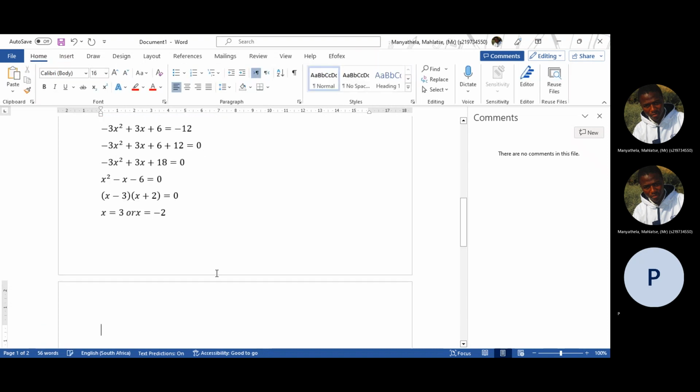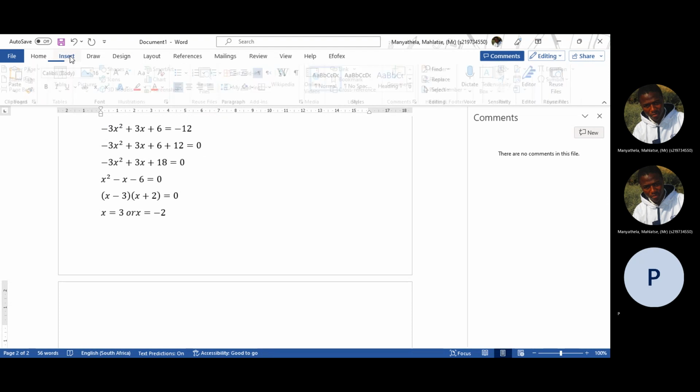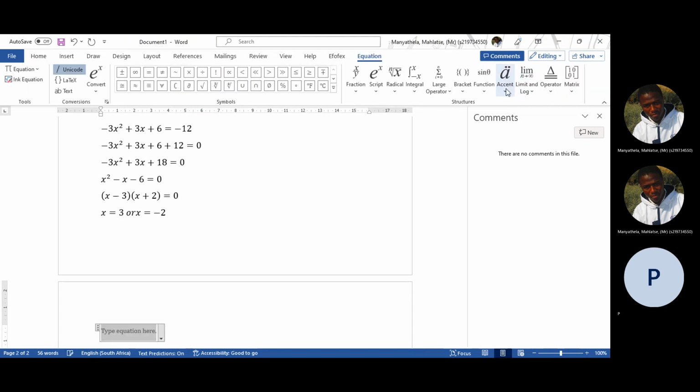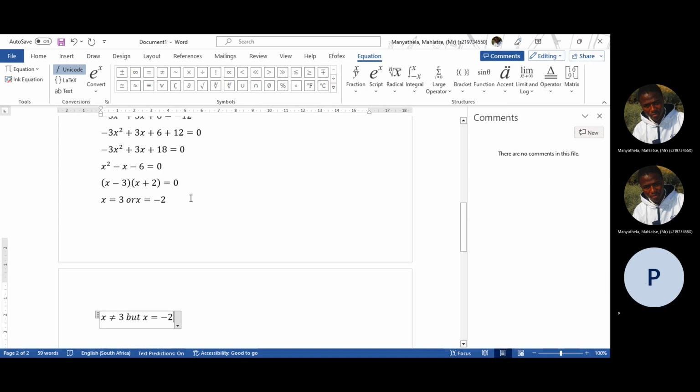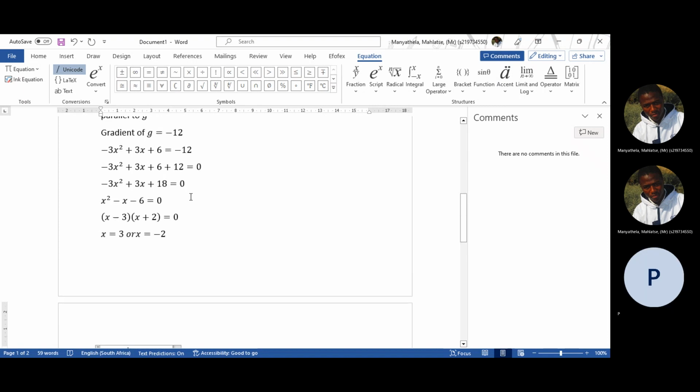So in your final answer, you'll say x should not be equal to 3, but x equal to -2. You scrub this one out because 3 is greater than 0. It's not less than 0.